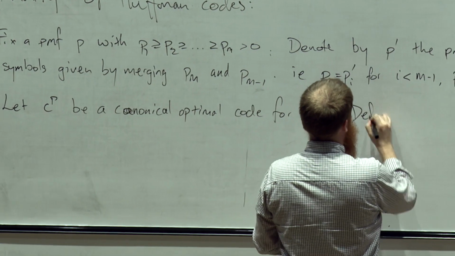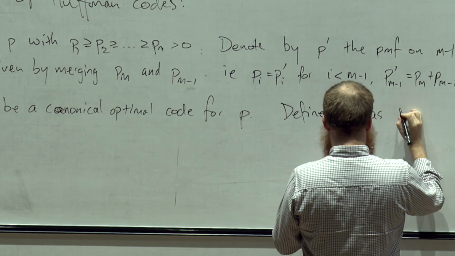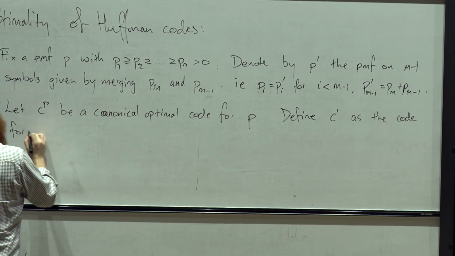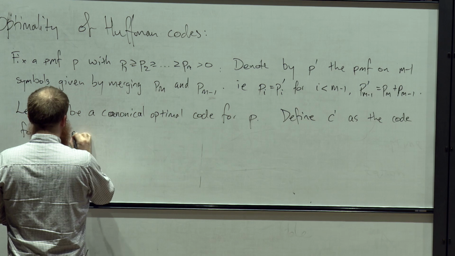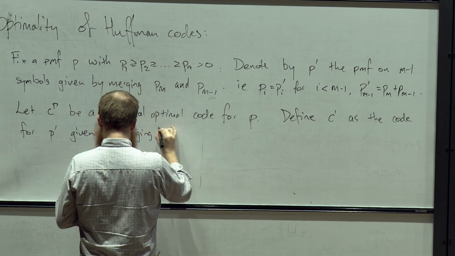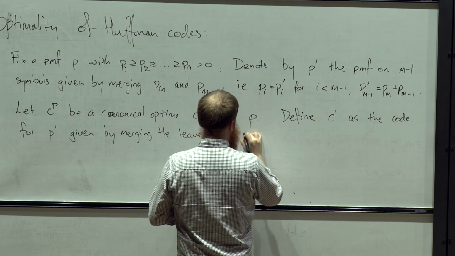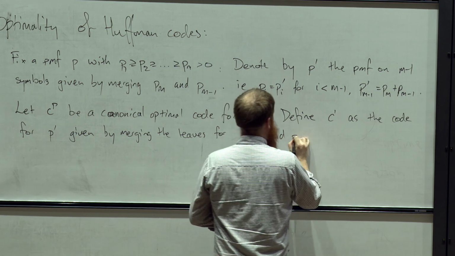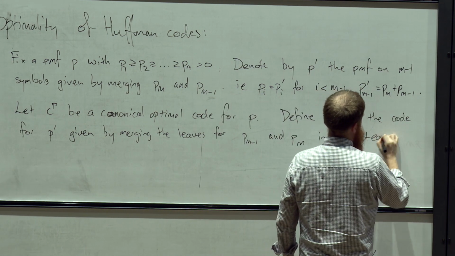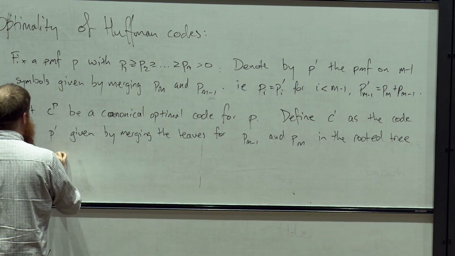Okay, so once I've got a code for P, define C prime as the code for P prime given by merging the leaves for pm minus 1 and pm in the rooted tree representing Cp.